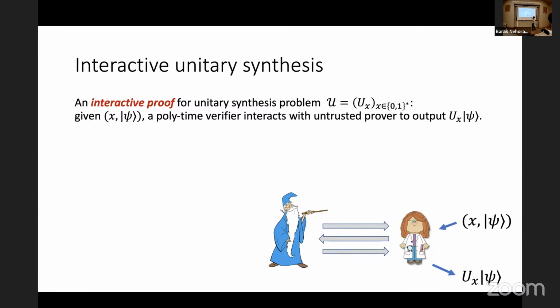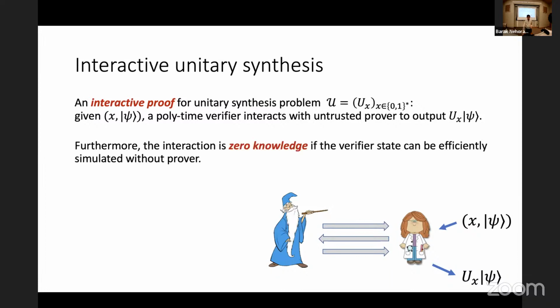So instead, it wants to talk with an all-powerful quantum prover. It shuttles qubits back and forth, and at the end, if the verifier accepts, it should be able to output the solution to this unitary synthesis problem, actually applying the unitary. That's this model of interactive proofs for unitary synthesis.